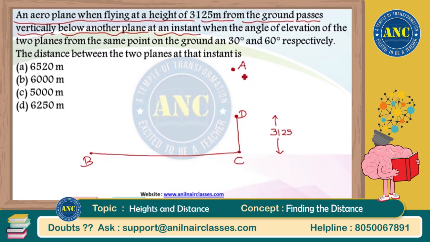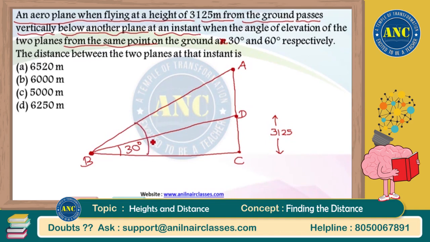I will call that aeroplane A. D passes below A at some instant when the angles of elevation of the two planes from the same point B on the ground are 30 degrees and 60 degrees respectively. The first plane's angle of elevation is 30 degrees, and for the second plane, the bigger angle is 60 degrees. So your question is, find the distance between the two planes at the instant.